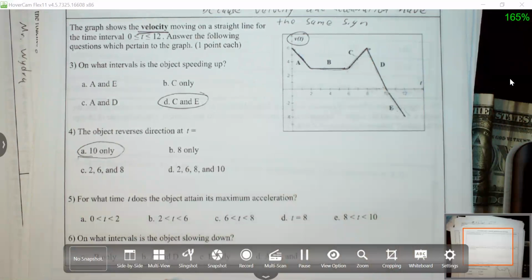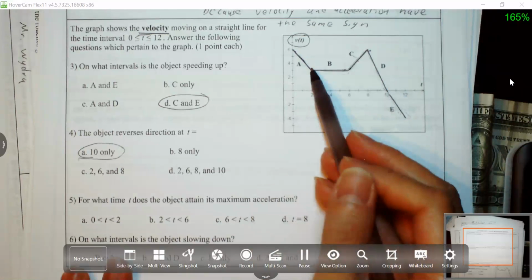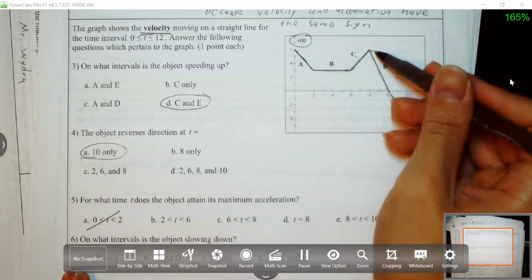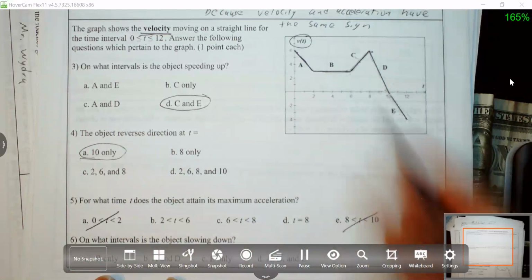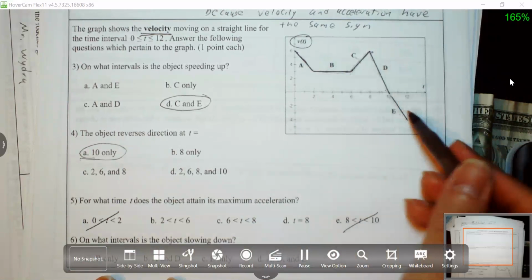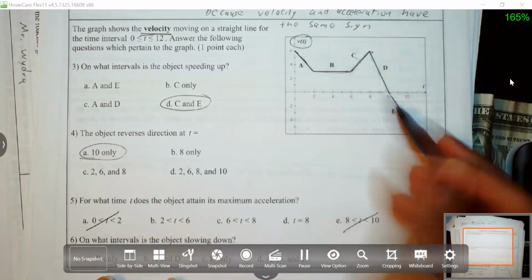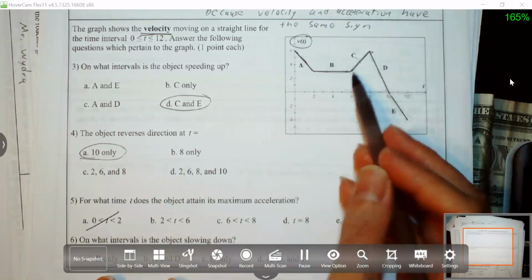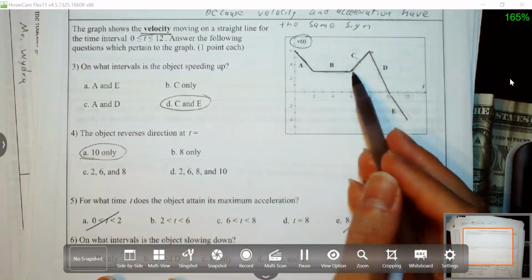Well, we can eliminate A and D, or from 0 to 2, and also from 8 to 10. Why? Because acceleration is negative there, so these others are going to be greater than a negative acceleration because they're positive.